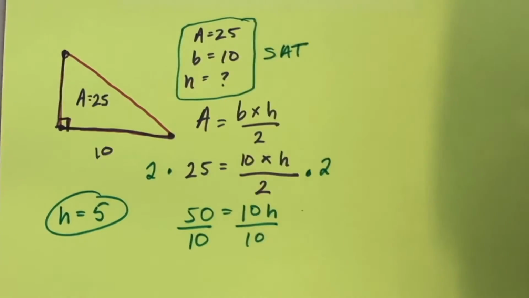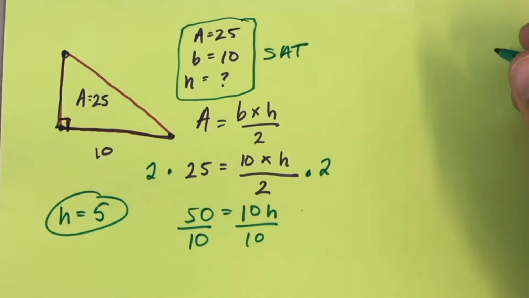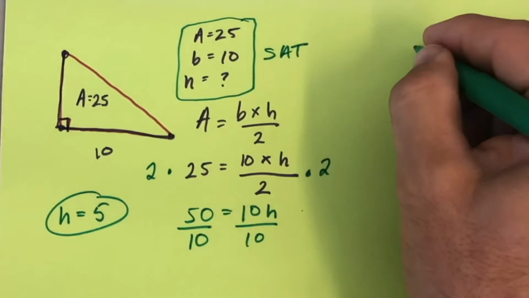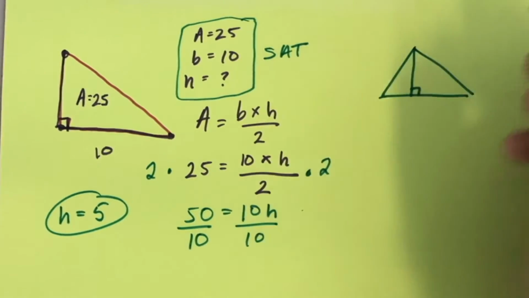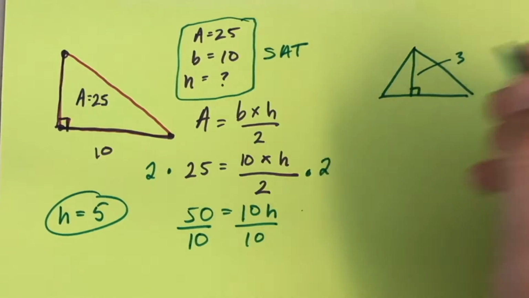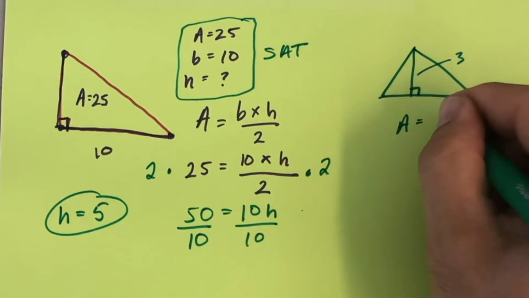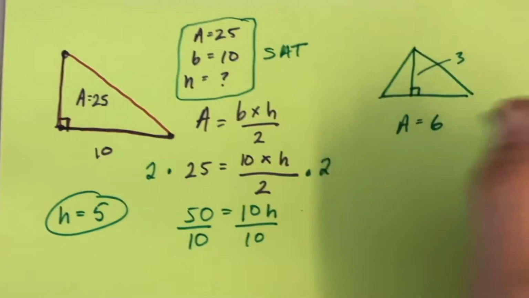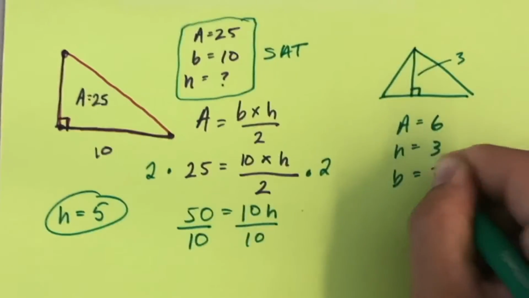And notice on the previous page, we talked about a triangle with 5 and 10 as the height and base. You may also be asked, okay, if my area is 6 and my height is 3, what is my base?